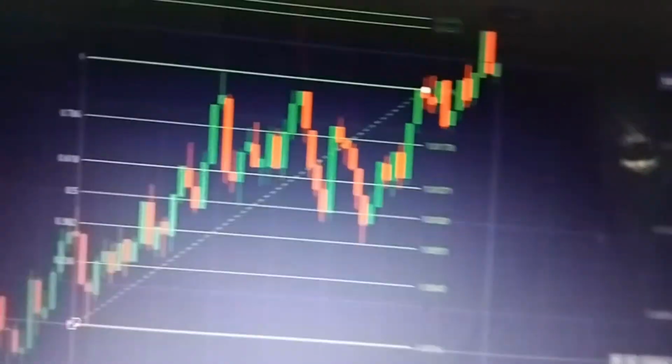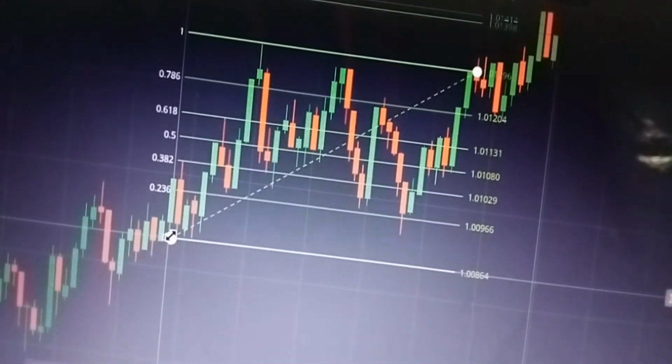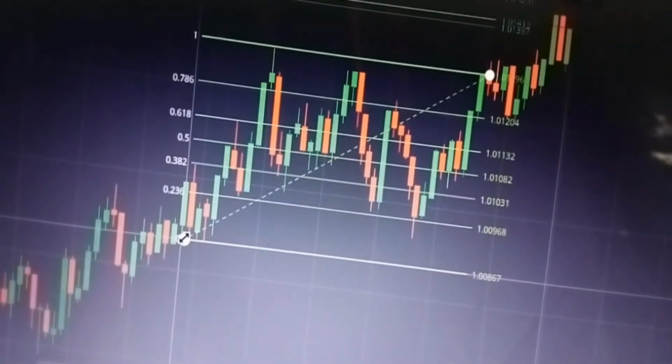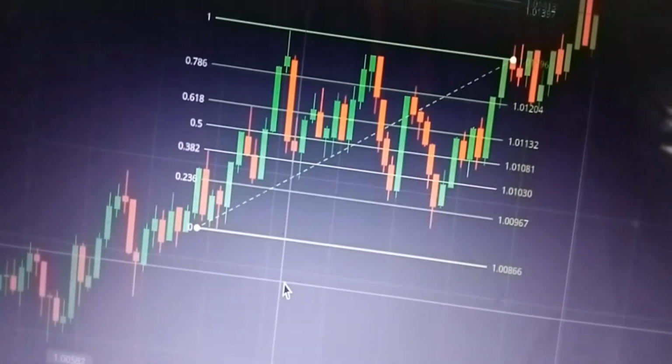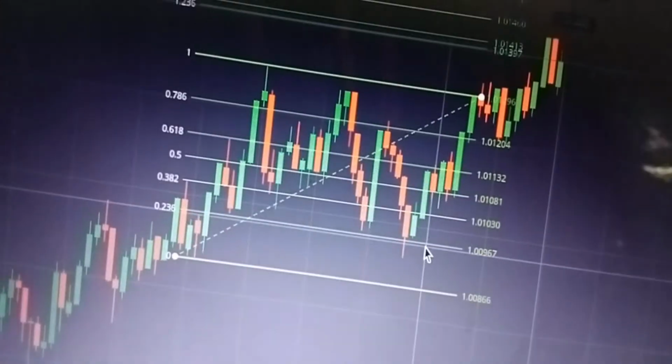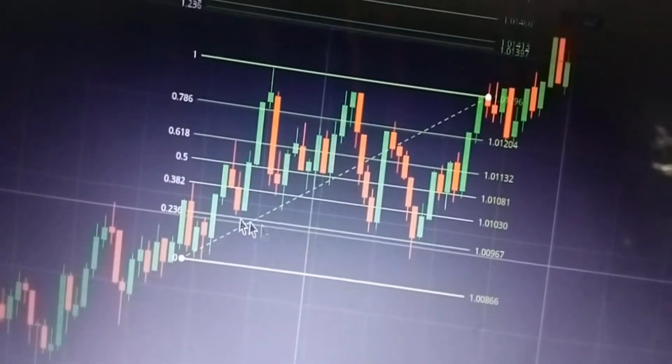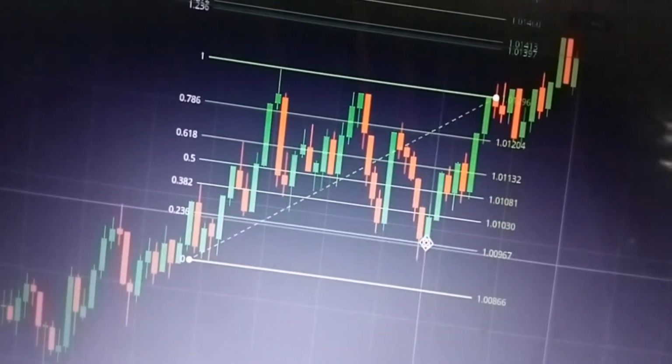If you measure it from down there, which is not broken, you can see that it stopped dead at 23.6%, right?